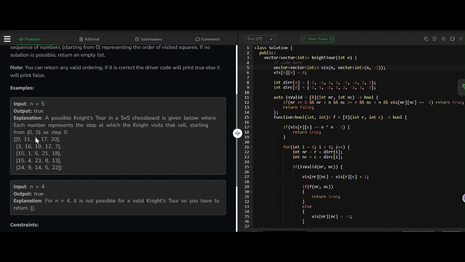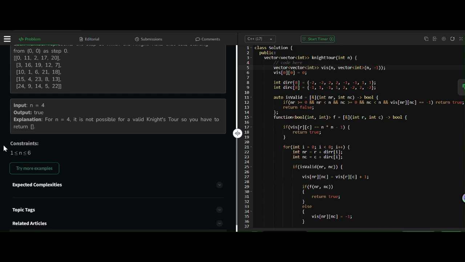After that, it will reach this cell, that is 1, 0, and then it will reach 3, 1, sorry. So basically, in this way, it will keep moving on the chessboard, and it will reach every cell exactly once, and it will cover every cell of the chessboard. So it's like 24 at this point. This will be the last move of the knight, right?